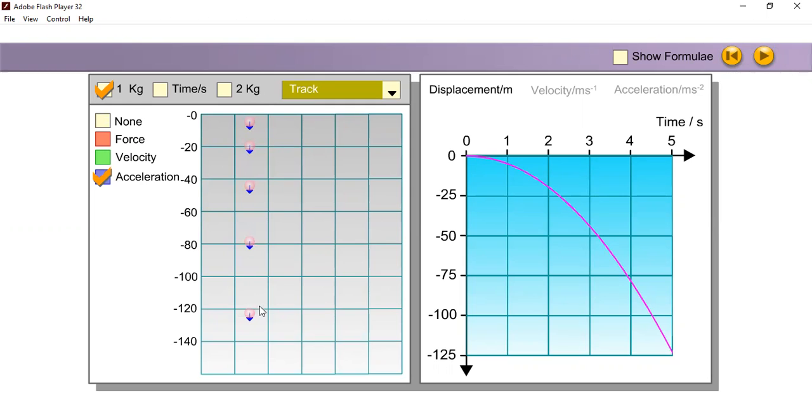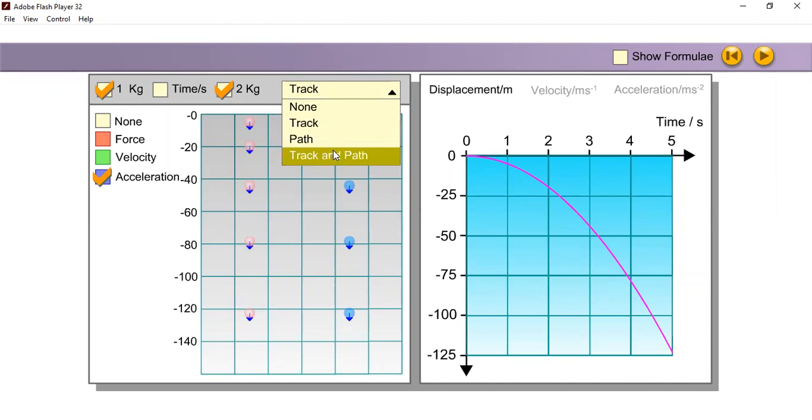We notice that the acceleration is always constant, while the velocity keeps on increasing constantly. The force acting on the object is also always constant. If another object is 2 kg, the magnitude of the force increases, but the velocity and the acceleration of both are equal.